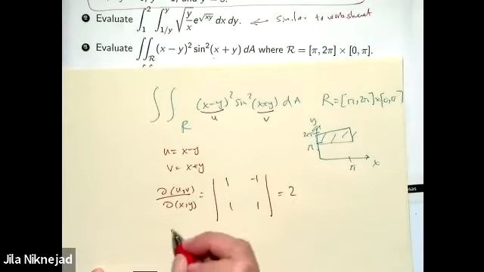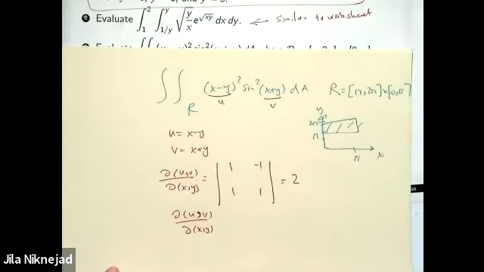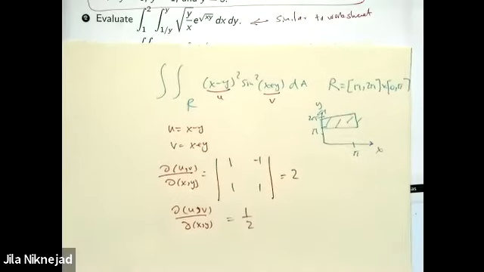So that's 2. So the actual Jacobian is going to be 1/2.